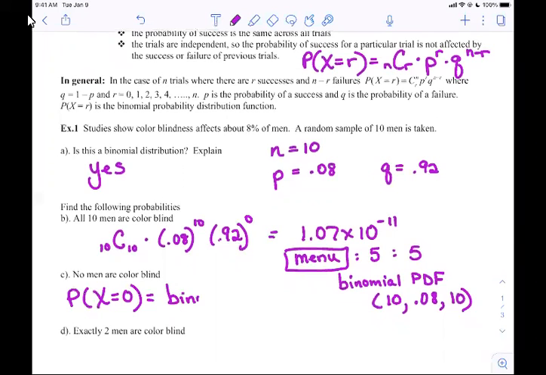So you're going to go back and do binomial PDF, because we're going to see in a moment that there's binomial PDF and binomial CDF. P stands for a particular value. C is continuous, where it's an interval. Okay, so I have 10 trials, 0.08, and now I want 0.